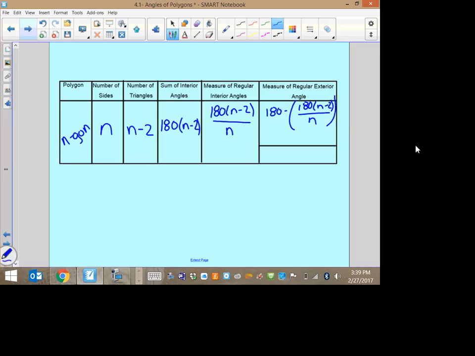But if you simplify that all out, you're just going to get 360 divided by n for a simpler version. And then note that the sum of the exterior angles is 360 degrees, always.